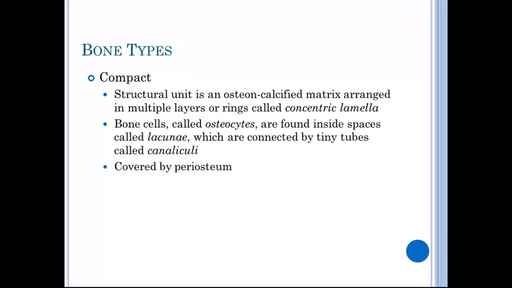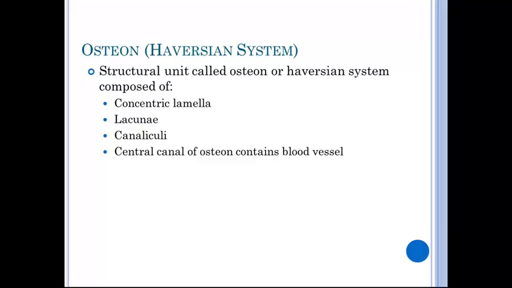And then they are all covered by the periosteum. The osteon is also called the Haversian system. It is composed of the concentric lamellae, lacunae, canaliculi, and the central canal of osteons, which contains the blood vessels.